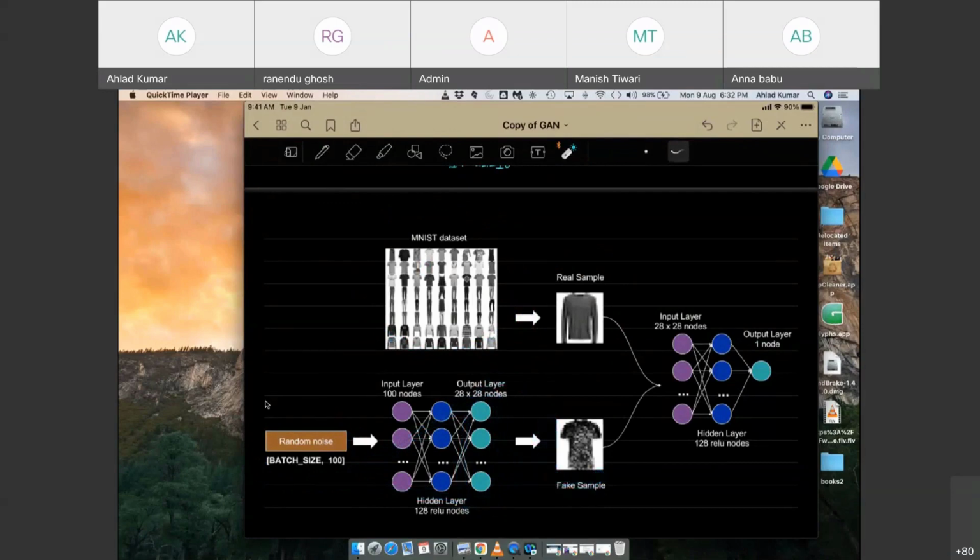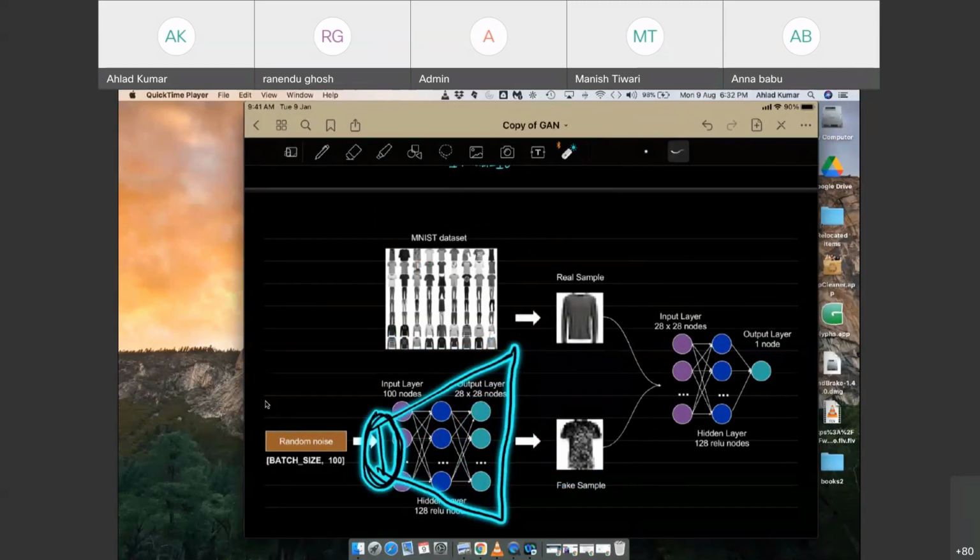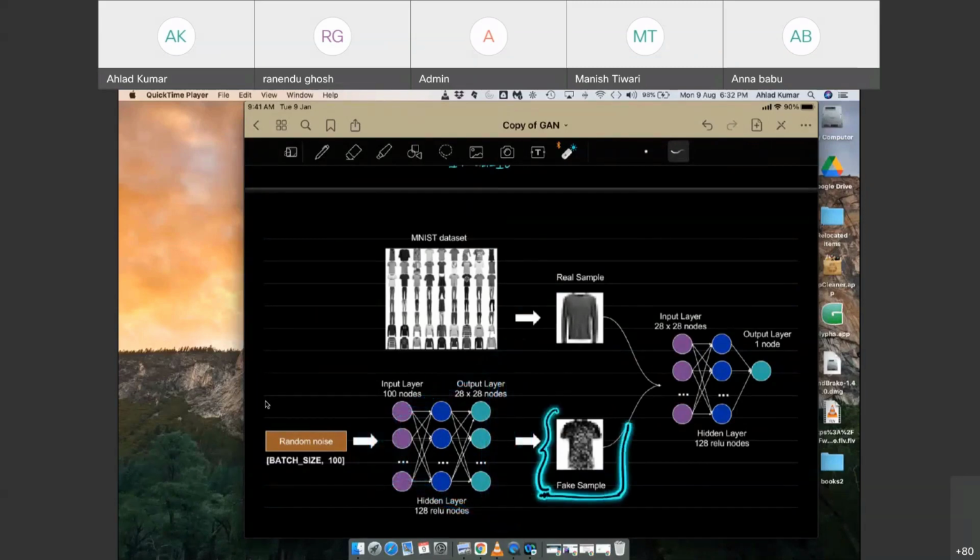So you can see how this particular generative network is an expanded network where the input is very small, depending upon the dimension of the sample that you are taking, and the output is the 28 cross 28 neurons, which you are reshaping into the form of an image. And why are we doing a reshaping? Because we are using neural networks here. If you use a CNN, there is no point in doing it.